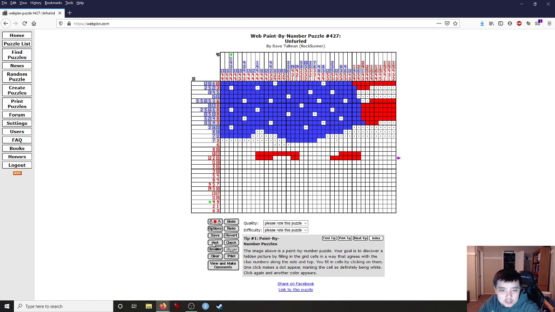Let's see what the hint guides us to next. It says it still wants us to stay here though. So if the 15 stretched all the way to the right, we would end up here. There could be two more here. Could be, but not logically proven yet. And then the 12 would start here. 1, 2, 3, 4, 5, 6, 7, 8, 9, 10, 11, 12. I don't know where else I could guarantee red cells. We'll come back to that.